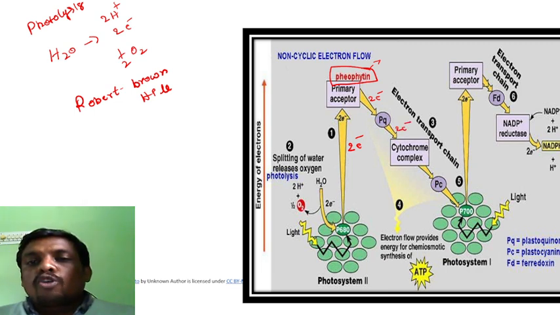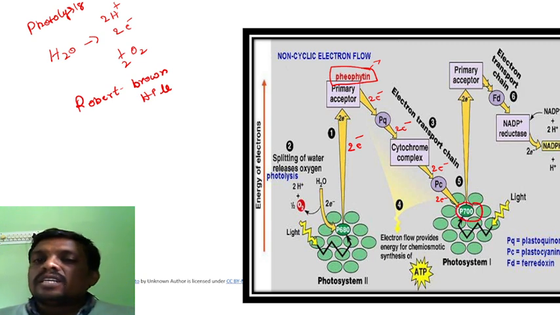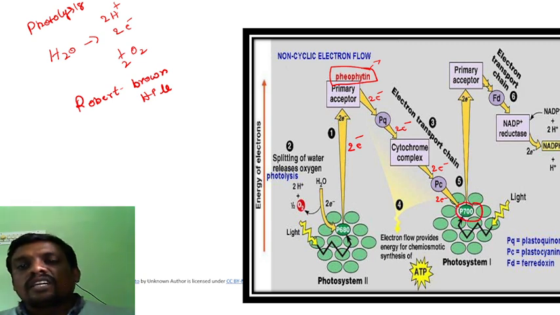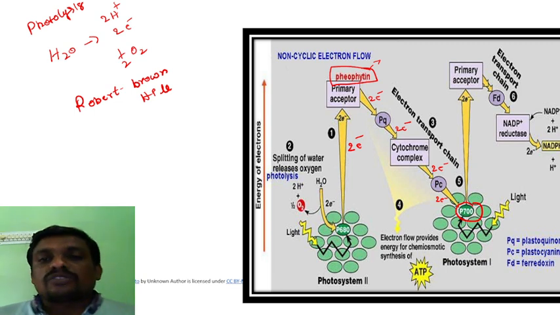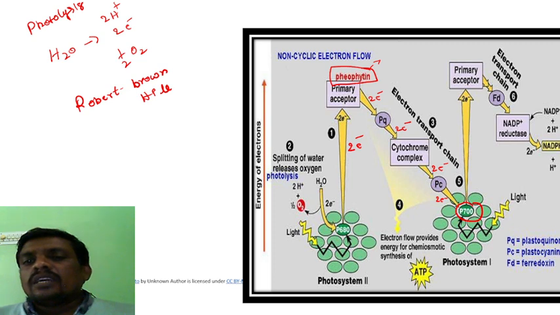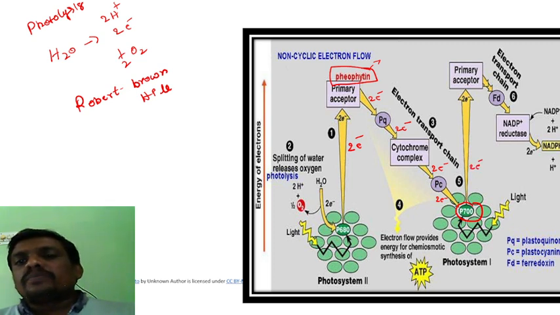Through the cytochrome complex, electrons reach the plastocyanin. Through the plastocyanin, the two electrons reach photosystem 1, which contains P700, where light of 700 nanometers is required for that light reaction.